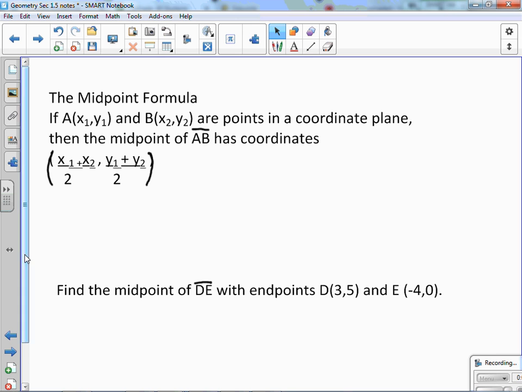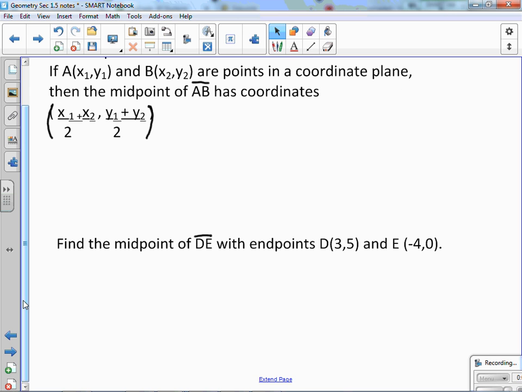So using that formula, find the midpoint of segment DE with endpoints of D, which is (3, 5), and E, which is (-4, 0).